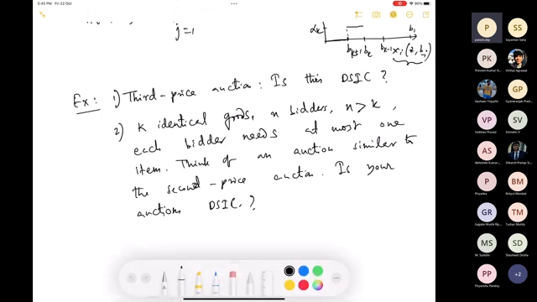It is not DSIC. Can someone say why it is not DSIC?